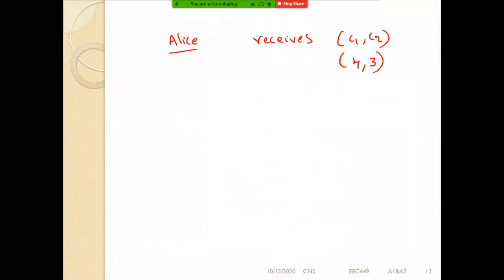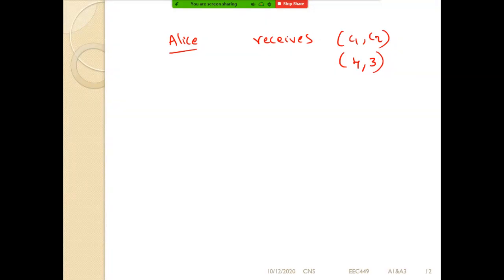So C1 is equal to 4, C2 is equal to 3. Now she should recover the original message. How? The first step is capital K, which is equal to C1 power private key XA mod q.